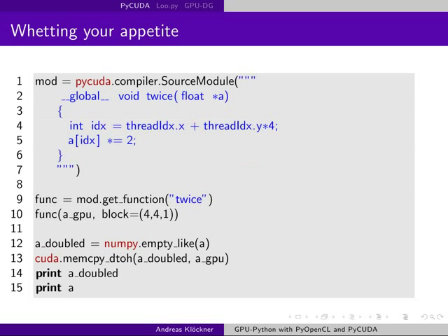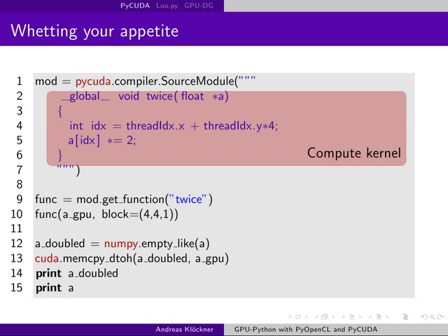So much for preparation. Then it should look even more familiar: there's the compute kernel that we feed to an object called a source module, out of which we can get a handle to the function, called twice here. Like in the PyOpenCL example, it just multiplies a bunch of numbers by 2. We then simply call that function with a given block size.